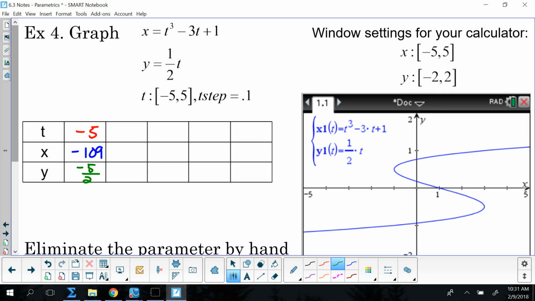Then if I go back here to 0, if I put 0 into x, I get 1. And if I put 0 into y, I get 0. So it goes through the point (1, 0).